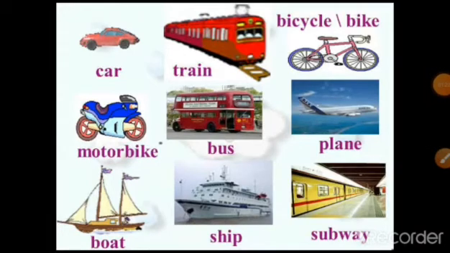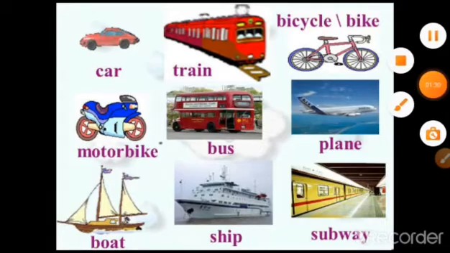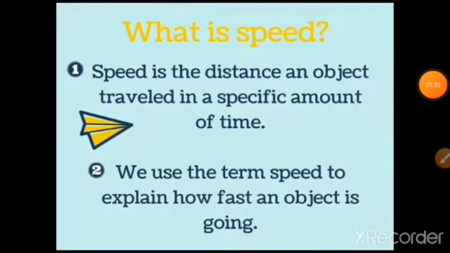Thus, we can say that speed of different objects are different and the speed defines the rate at which the object is moving. So, speed is the distance an object travelled in a specific amount of time, and we use the term speed to explain how fast an object is going.